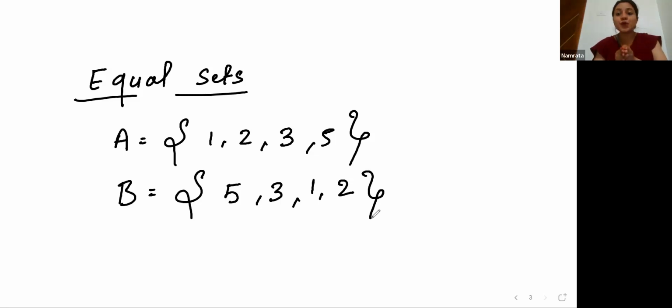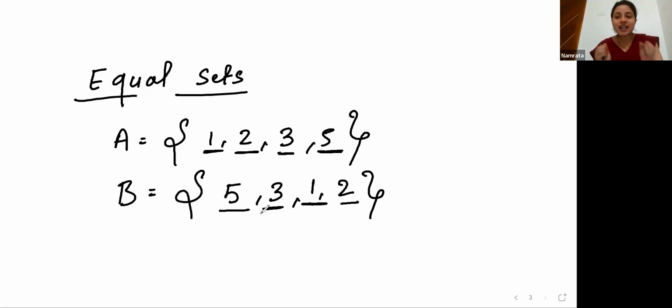Now, you know that order doesn't matter. We can write the sequence of numbers here and there, but the set is the same. So set A has the element 1, set B also has 1; set A has 2, set B also has 2; set A has 3, set B also has 3; and set A has the last element 5, set B also has the same element.